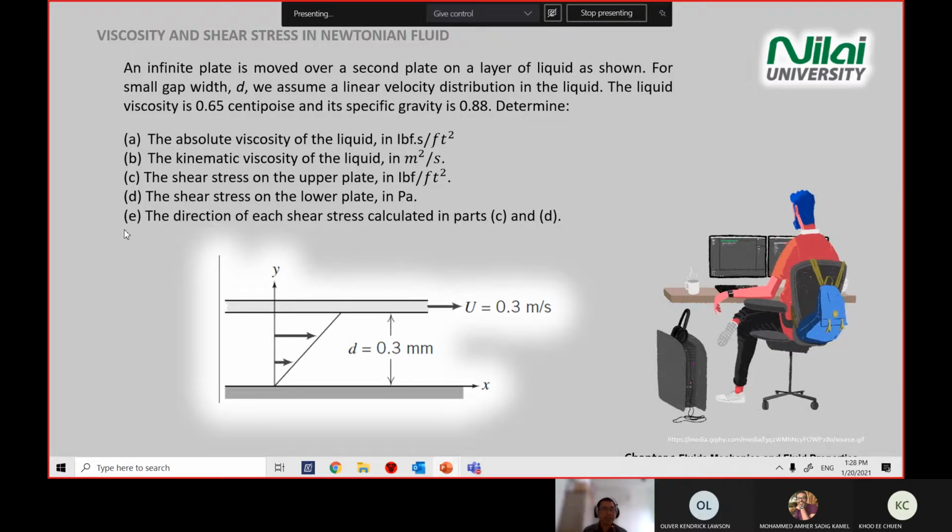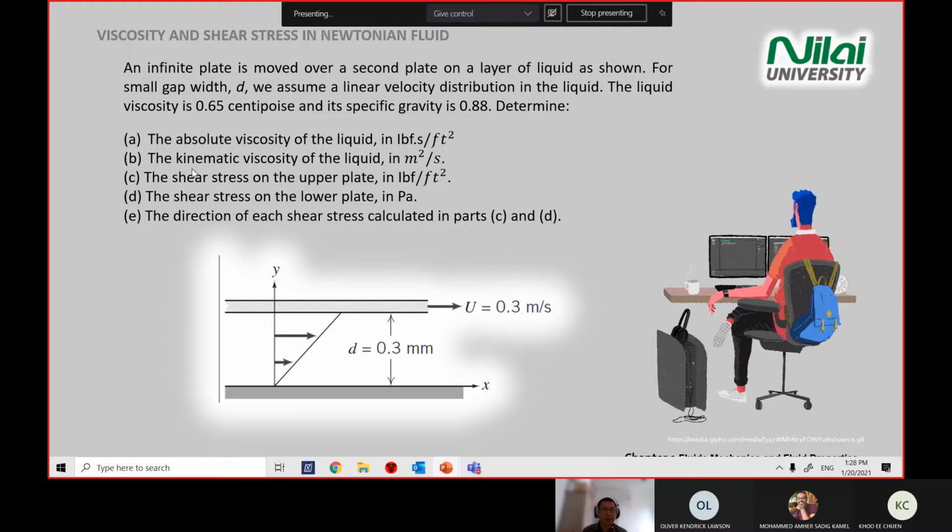So there are four things that we need to solve in this question. The first one is the absolute velocity, or dynamic viscosity, of the liquid in the unit of pound second per feet square. Although we are focusing on SI units, this tutorial intends to guide you through what happens if you need to deal with English or British units.